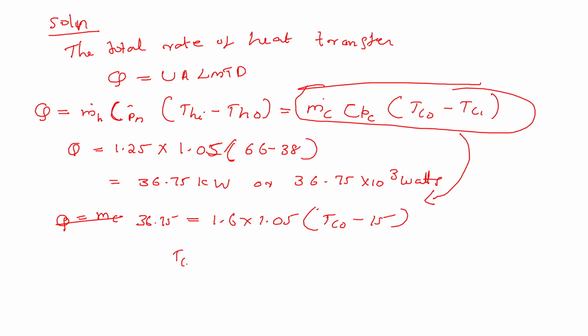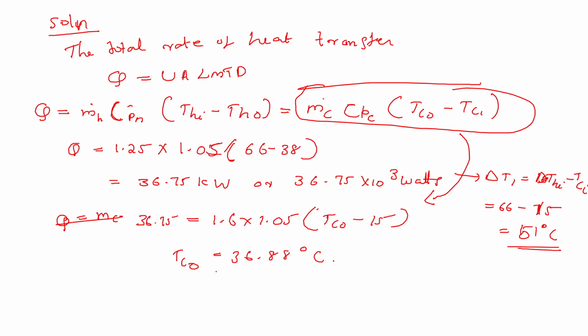From there you calculate TCO, and you will get the answer 36.88 degrees Celsius. Now from this you can get the delta T1 value. It will be THI minus TCI, so 66 minus 15, that is 51 degrees Celsius.